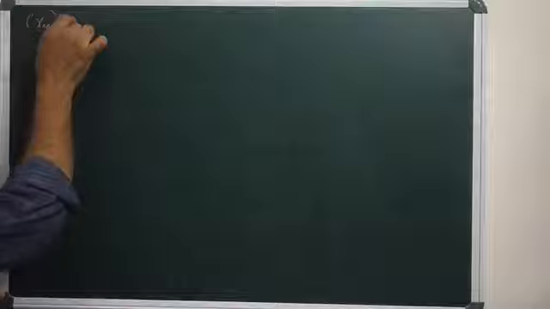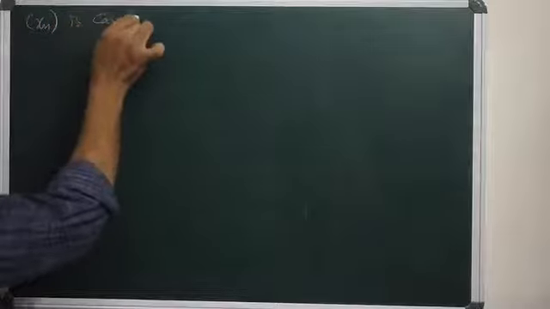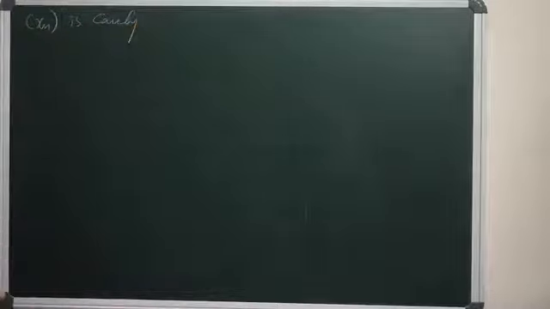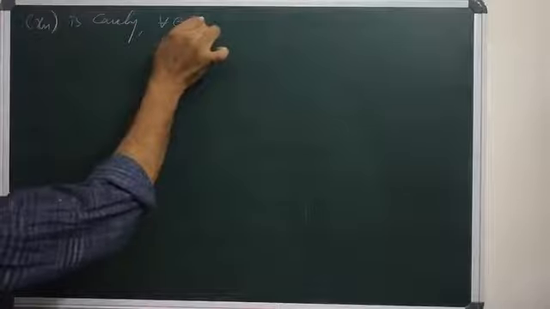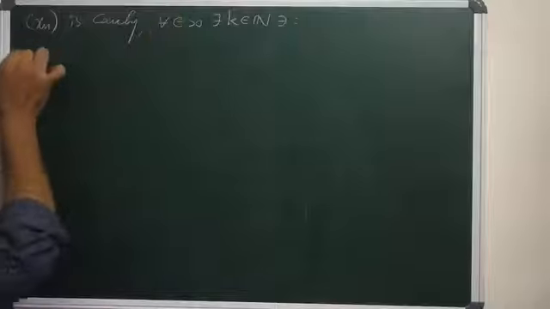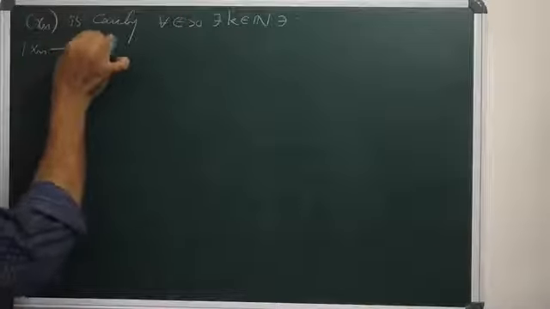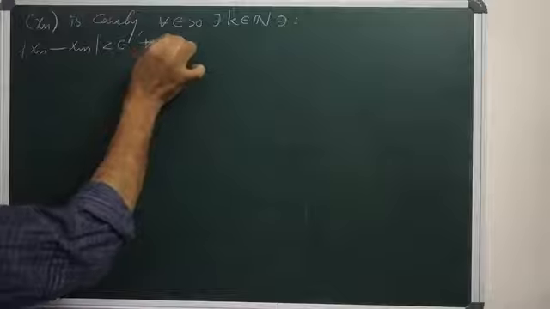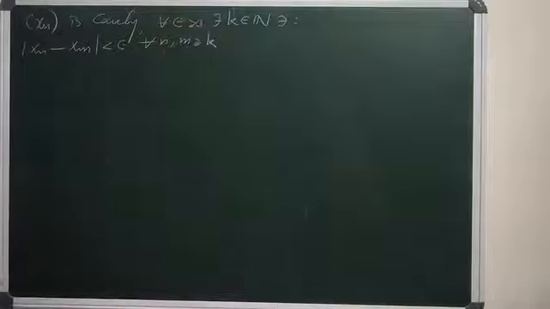A sequence xn of real numbers is said to be Cauchy if for all epsilon positive, there exists some k in N such that modulus of xn minus xm is strictly less than epsilon for all n, m greater than or equal to this k. Then xn is Cauchy. The sequence 1/n is a Cauchy sequence. Also, we already proved that one.